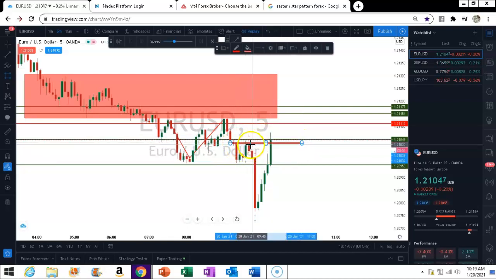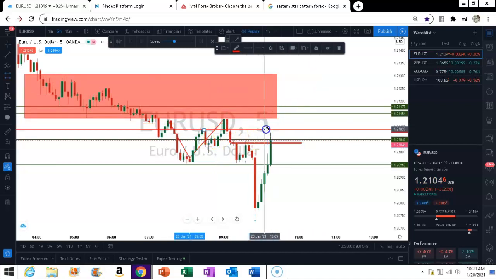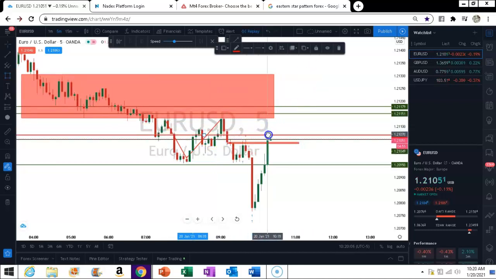So I'm putting me a sell limit with a stop loss for right here, just above this green wick right here. So price gets me in, and it continues to go down and breaks and goes past these red wicks right here.